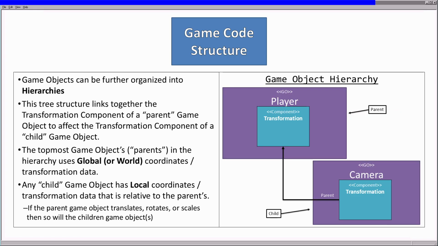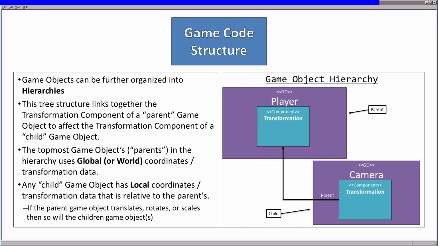With this in mind, game objects can be further organized into hierarchies. This tree structure generally links together the transformation components of a parent game object to affect the transformation component of a child game object. This is like many other tree structures in computing where it contains no cycles.